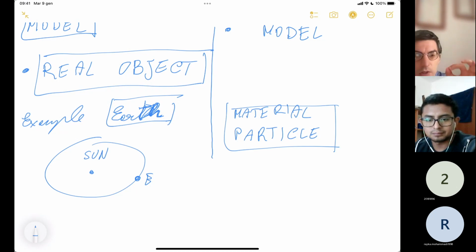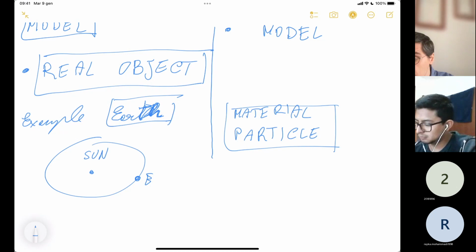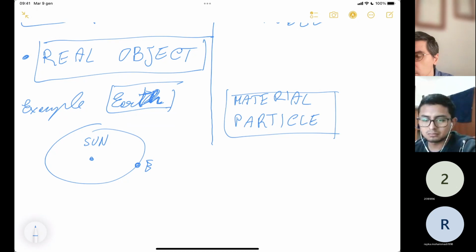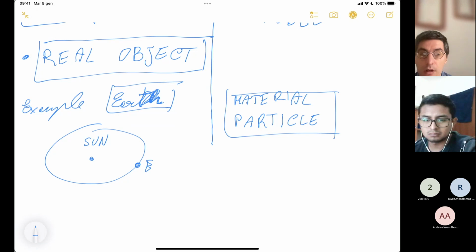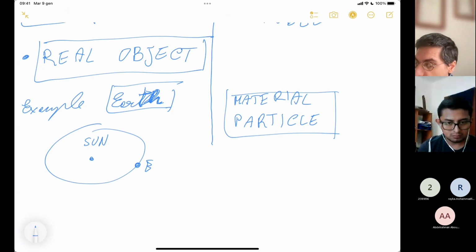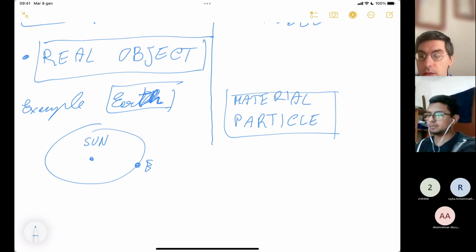So you consider the Earth as something represented just by a point in space. This is, of course, the simplest model that you can use to describe the motion of the Earth. But look, this is able to say only what the position of the Earth is with respect to the Sun.